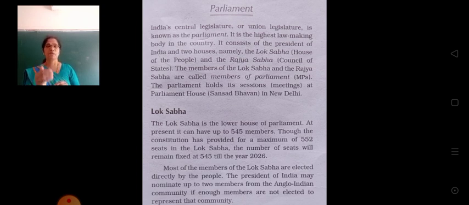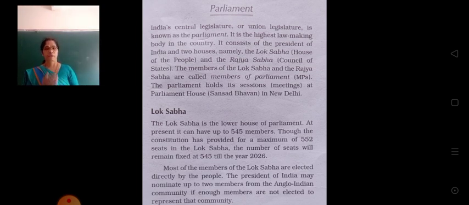Sometimes he has the right to dissolve the term, and sometimes he has the right to extend the term also, during times of emergency. If an emergency situation comes, he has the right to extend the term by 1 more year.